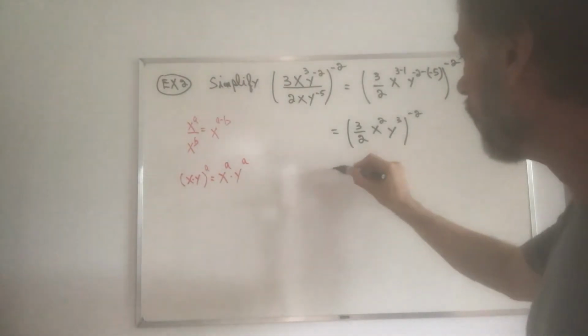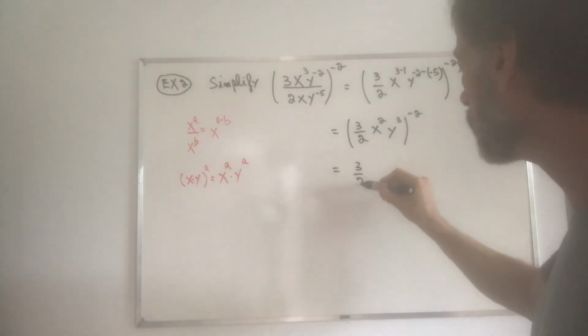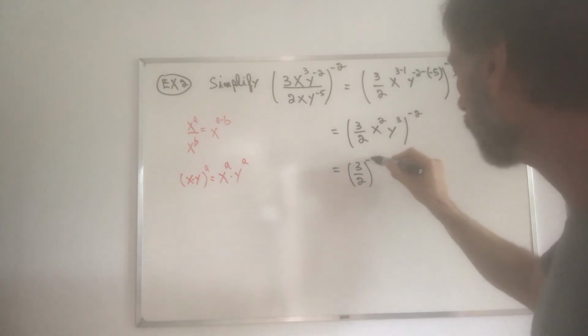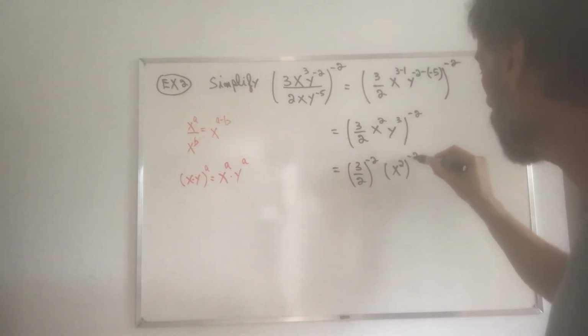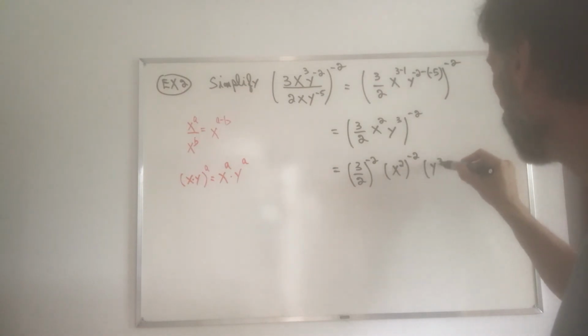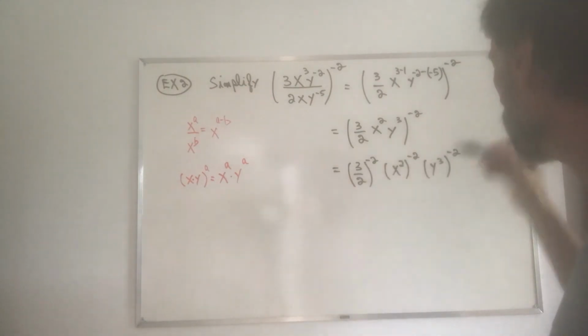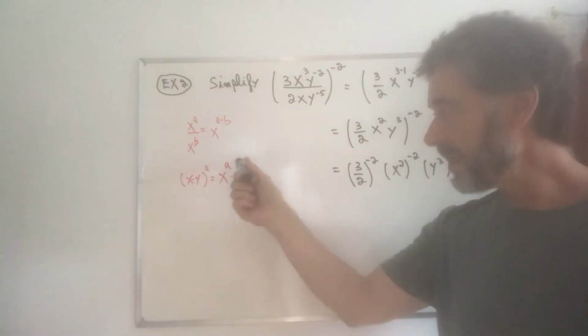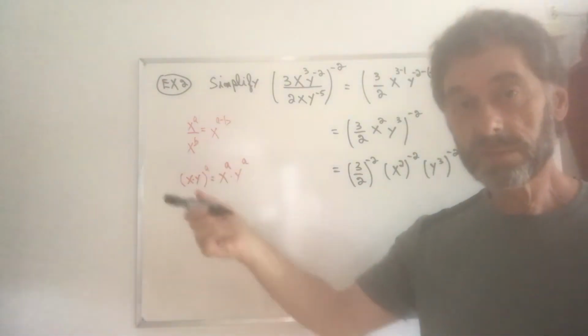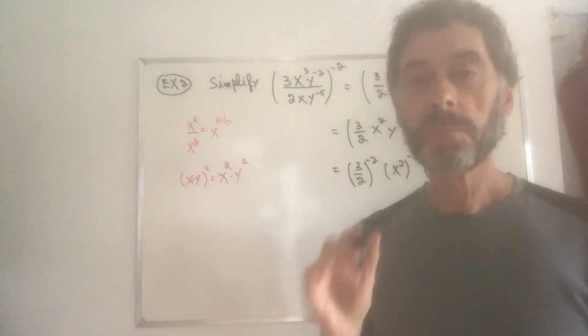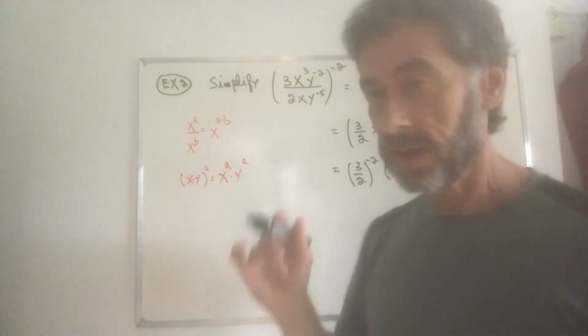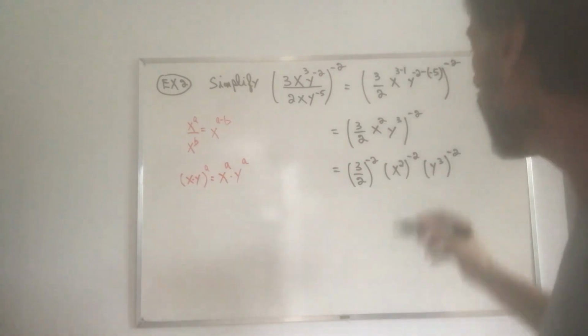Okay, so what's going on? 3 over 2 gets the power minus 2. x squared gets the power minus 2. y cubed gets the power minus 2, in agreement with that rule that says just give the power to all the terms, and I can do that, remember, when there are multiplications in between my terms. D'accord.